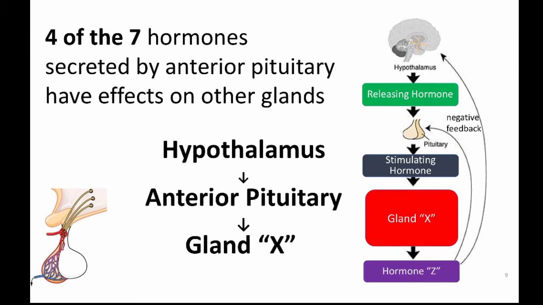And there's this sort of general pattern, illustrated over here, where the hypothalamus produces a releasing hormone that acts on the anterior pituitary, which then releases a stimulating hormone, which acts on a third gland and causes it to release hormones, which act on a target tissue. This is usually referred to as the hypothalamic-pituitary-gland axis.